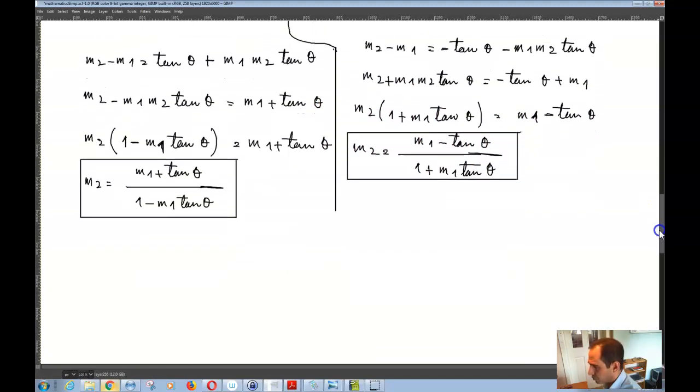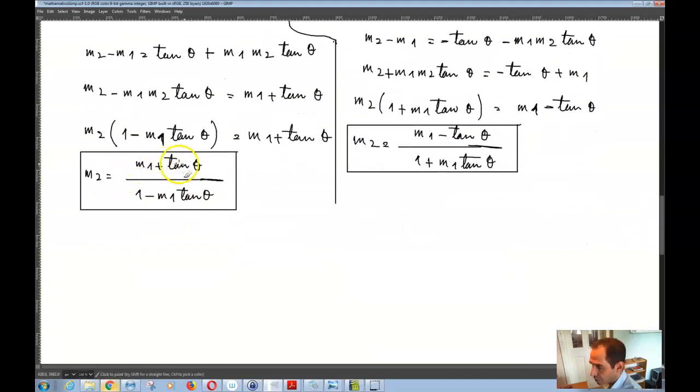And so we can write plus minus, m1, tan theta, 1.